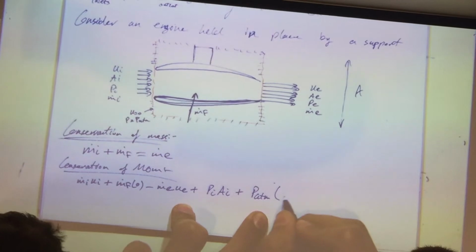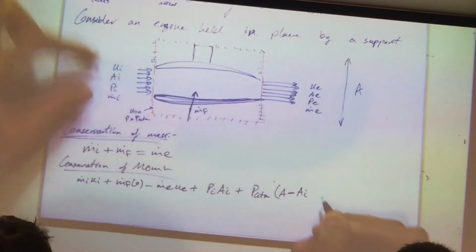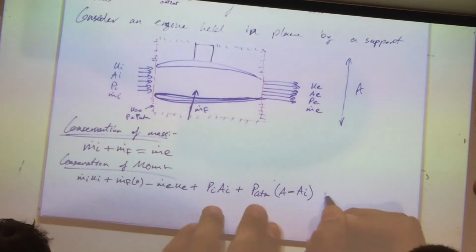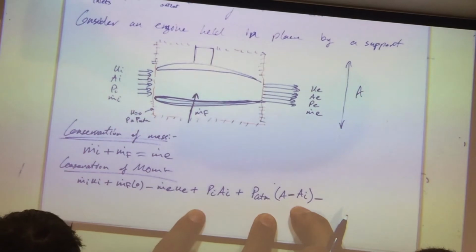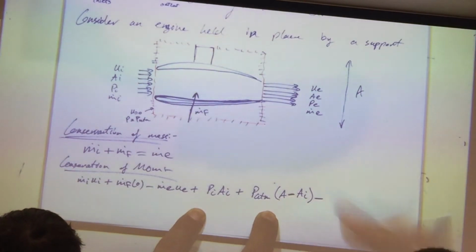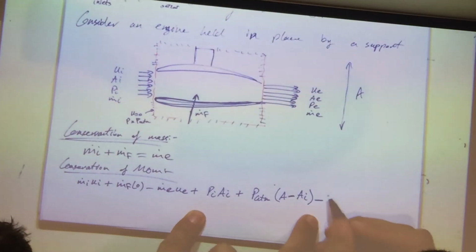It will be A, which is total area, minus A of the inlet, which is right here, minus, so it's an integral form. Yeah, it's outlet minus inlet, so we already incorporated the sign.